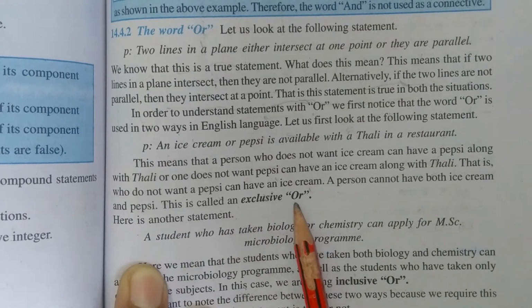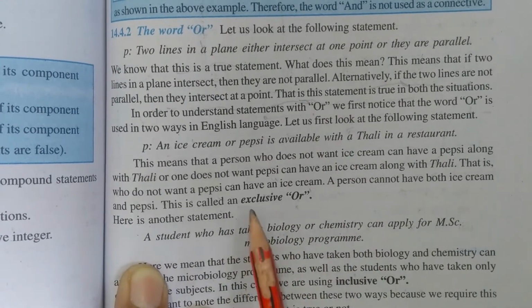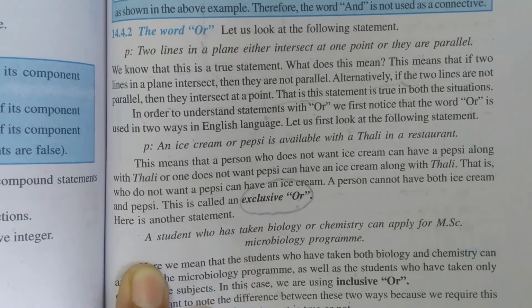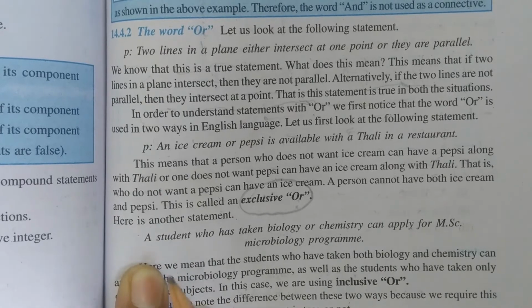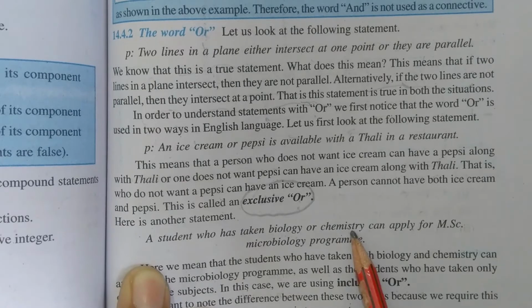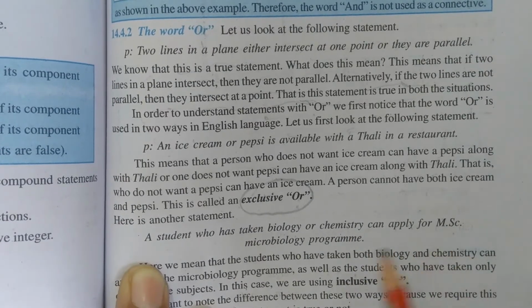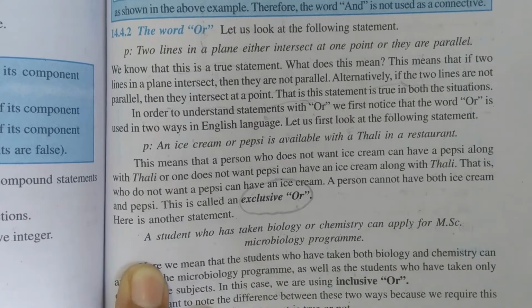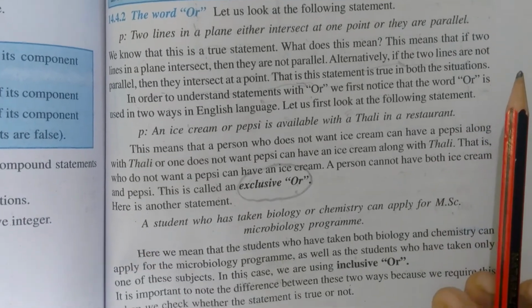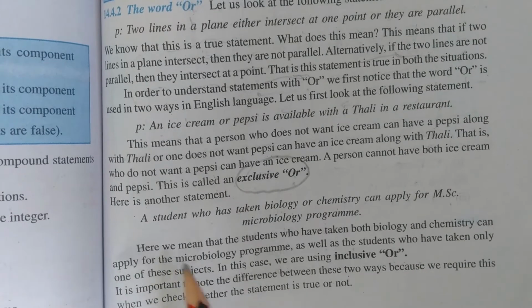So for "or" we have two parts. One is exclusive or. Here is another statement: a student who has taken biology or chemistry can apply for the MSc microbiology program. Very beautiful example. Let us see what is hidden in this example.